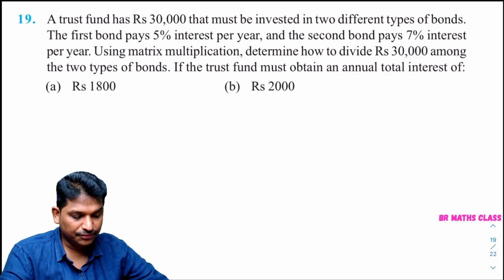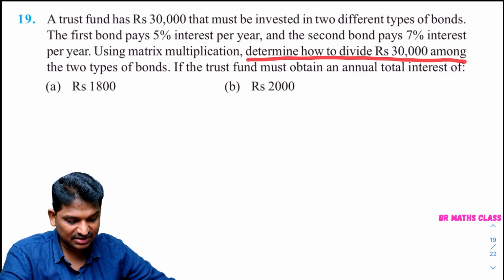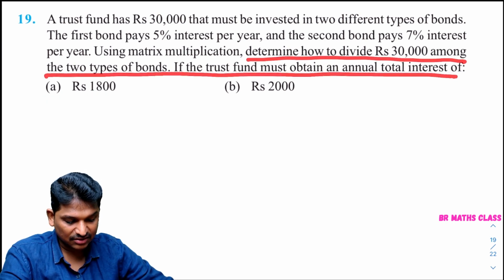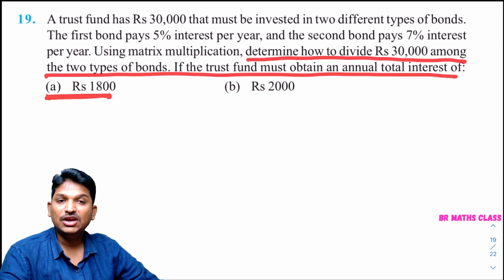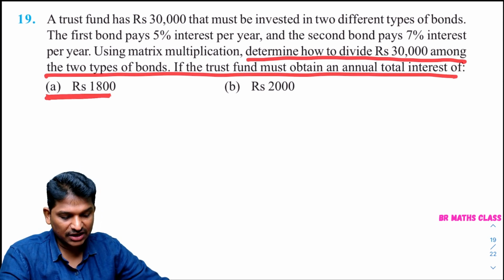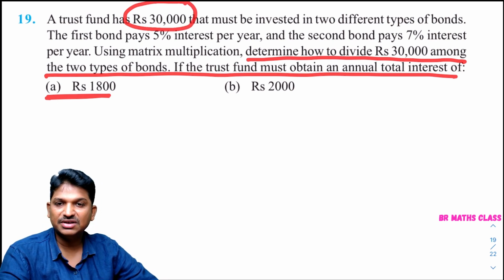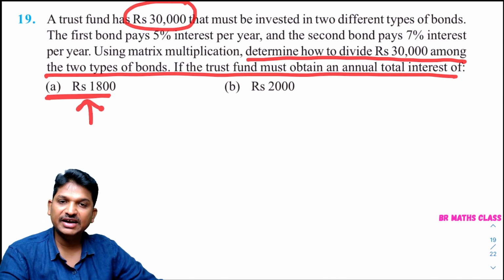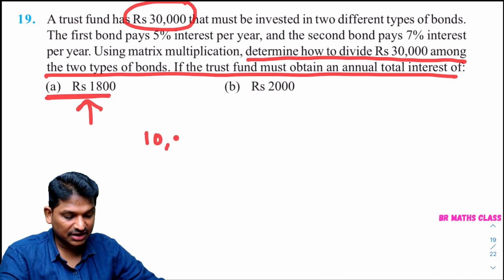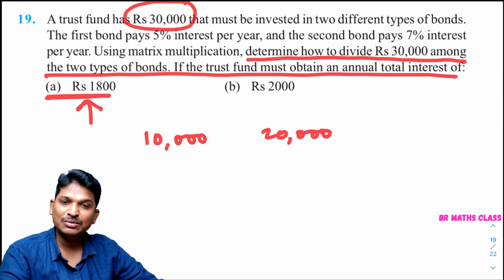I hope most of you are confused in this. What is this line? What they are saying is: in what way do we need to invest this 30,000 rupees in both the bonds such that we get an annual interest of rupees 1800? Suppose 10,000 is invested on the first bond and 20,000 on the second bond.